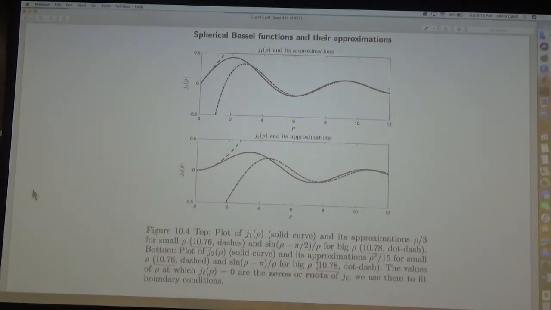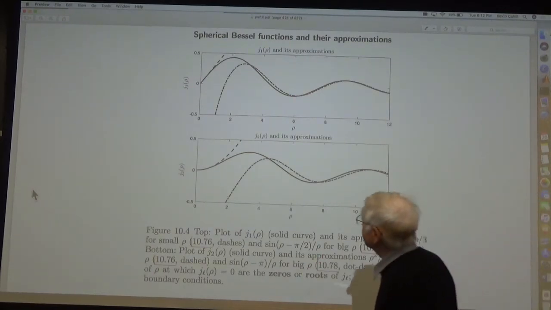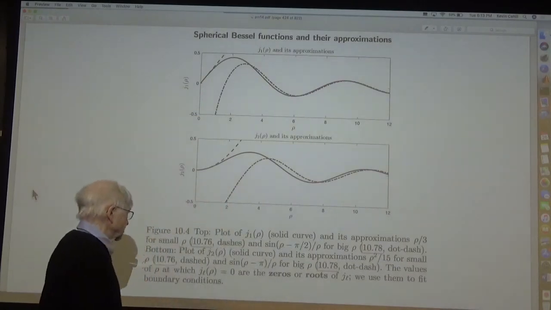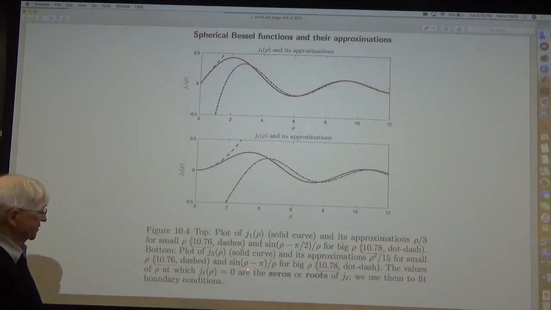So here are the approximations: sine of rho minus pi over 2, over rho, and that's for J1. For J2, I guess I have just sine of rho minus pi over rho. And so you can see that for large rho, you get a pretty good approximation.